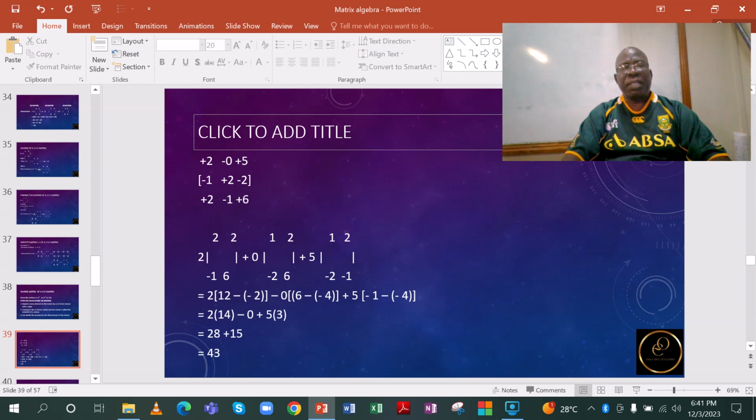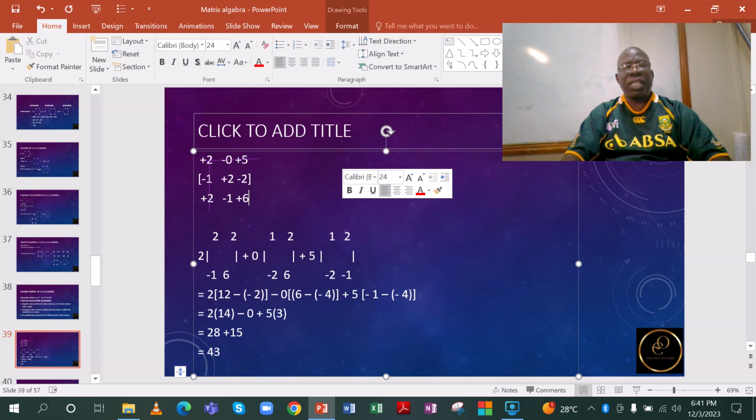For the first one, which is 2, what is the minor? As I said, where 2 is, you draw a line there and also cross out the column. What are the elements which are free? There is a positive 2, a negative 2, a negative 1, and a 6.